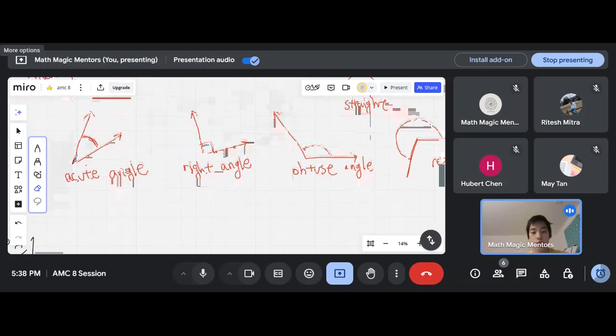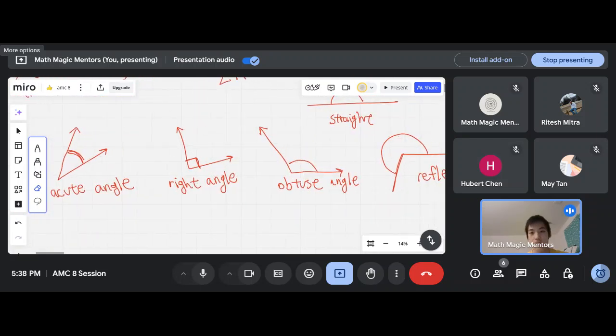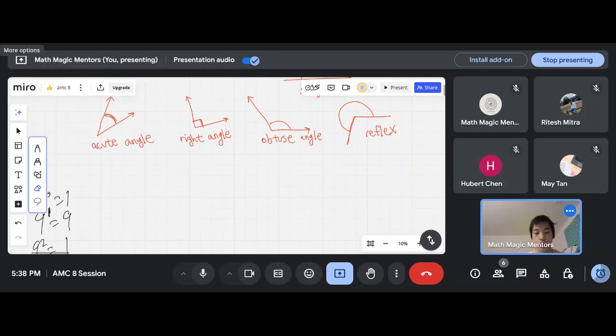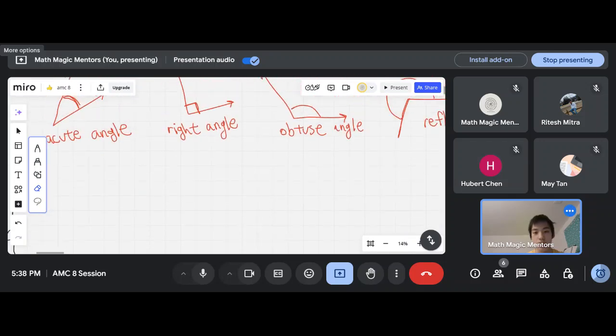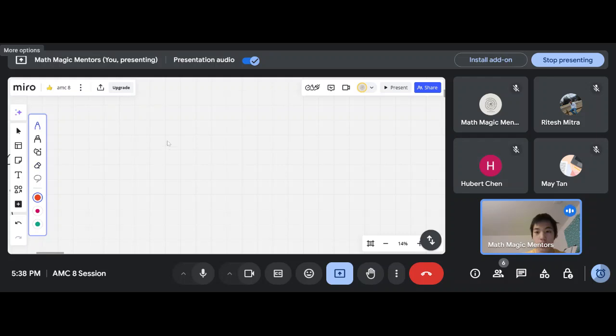Now we're going to formally define what these mean in terms of degrees. The basic idea is that if you have a segment and rotate it a full circle, that angle is 360 degrees.